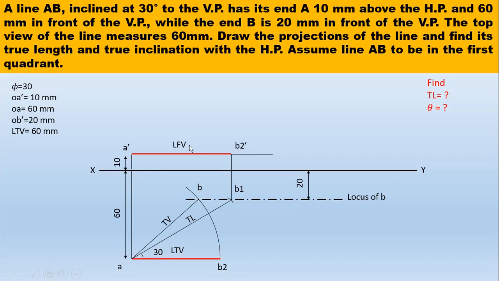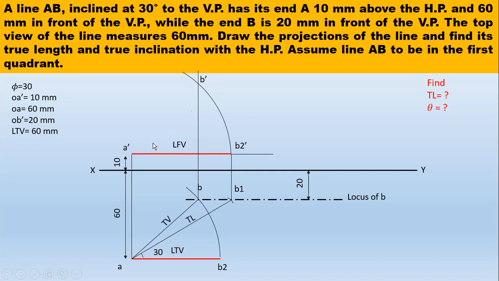So let's draw an arc, a dash as a center and length of front view as a radius. Make an arc over here. From point b, draw a vertical line that will cut the arc at point b dash, right? So this is nothing but the front view of the point B.